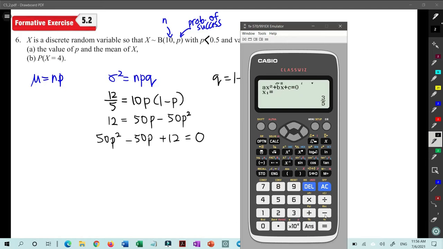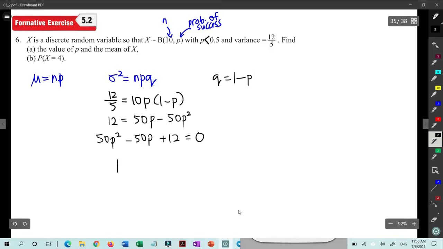So we get two values. So p minus 2 over 5 and p minus 3 over 5 equals to 0.